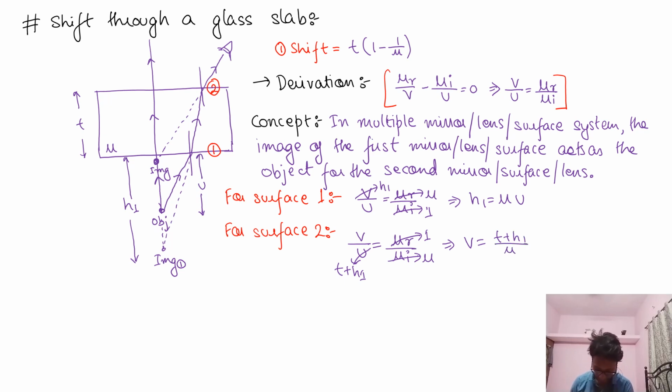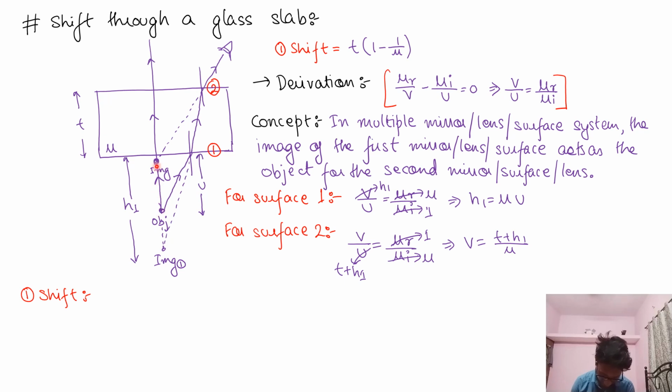Okay, now shift. What is shift? Shift is nothing but final image position minus initial object position. So this distance is called shift. Okay, this v is nothing but this much distance from the image to this surface, and shift is final image minus initial object.